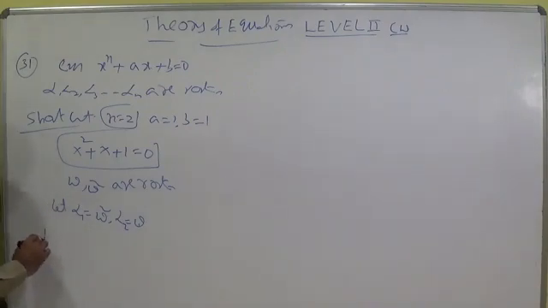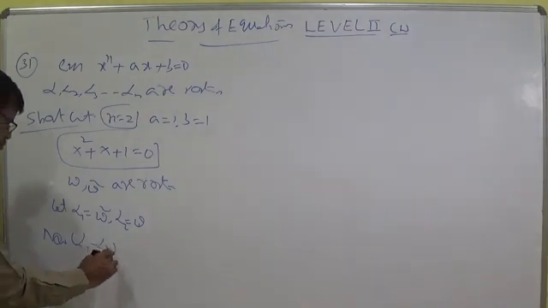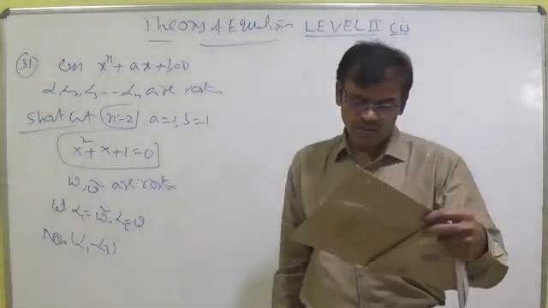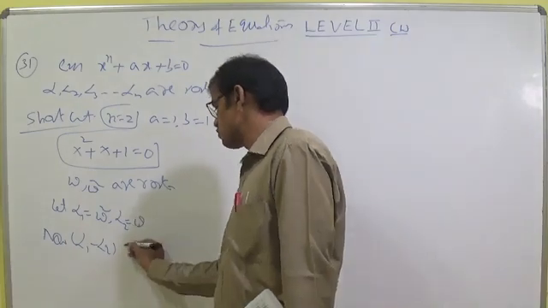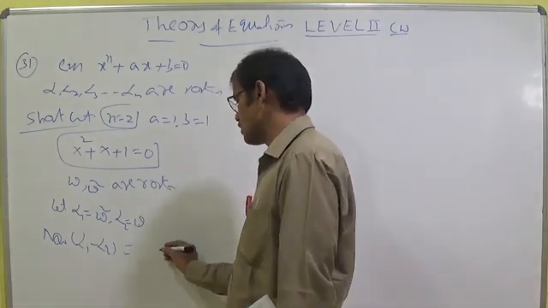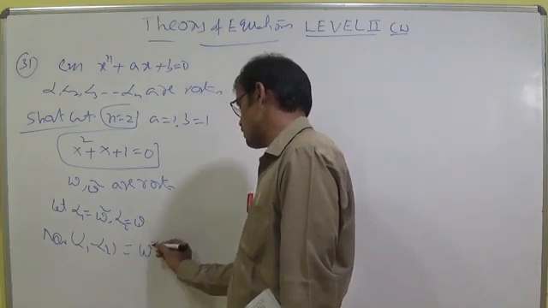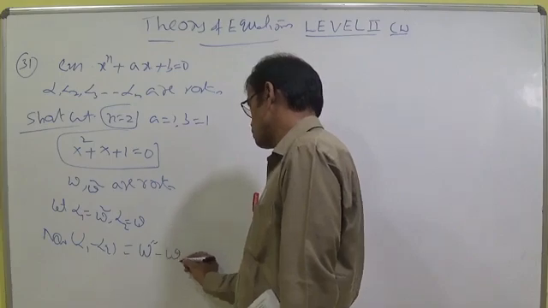Now he is asking to find alpha 1 minus alpha 2 into alpha 1 minus alpha 3 into alpha 1 minus alpha 4, and so on up to alpha 1 minus alpha n. Since I have taken n as 2, simply calculate alpha 1 minus alpha 2. Alpha 1 means omega square, minus alpha 2 means omega.